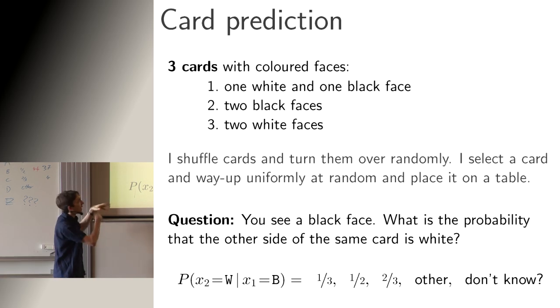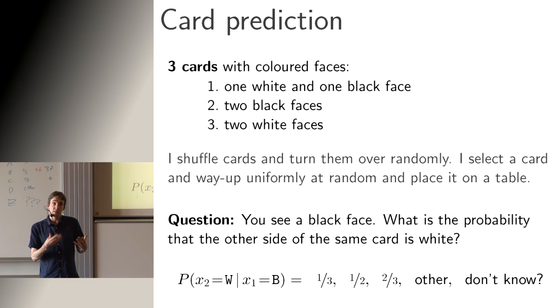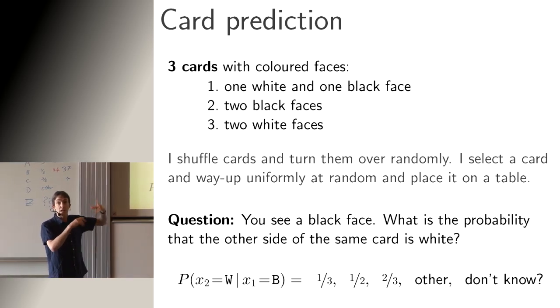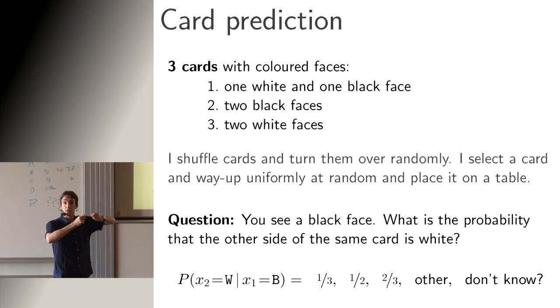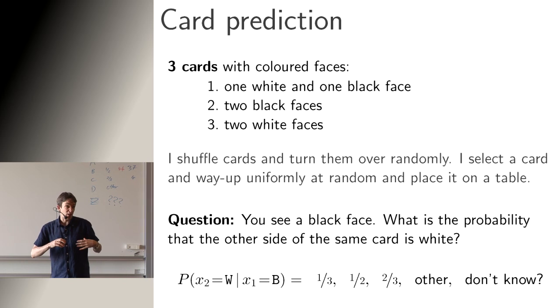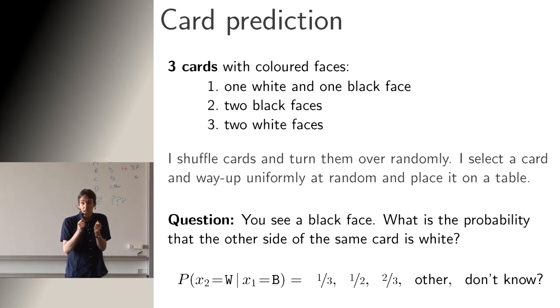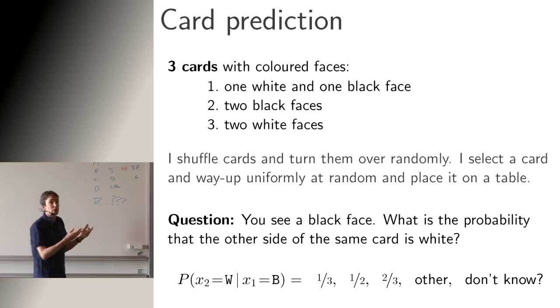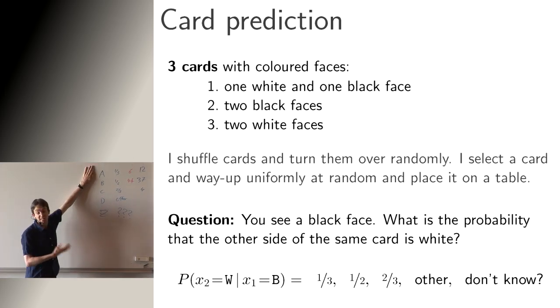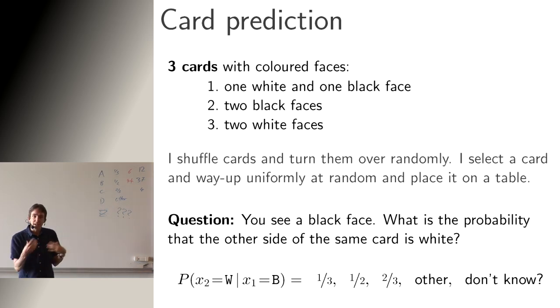So presumably if you had seen a white face, your answer to the question, is it black, would be the same. So there's only 1 card out of the 3 which has 2 different colors on it. So if you're going to answer what's the probability that you see the other color, that's only going to happen 1/3 of the time. And that intuitive argument might lead you to this unpreferred answer, which is in fact the correct answer. But you might not believe any of these intuitive explanations because they're a bit woolly.